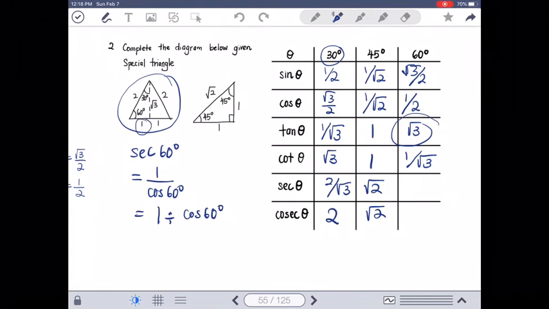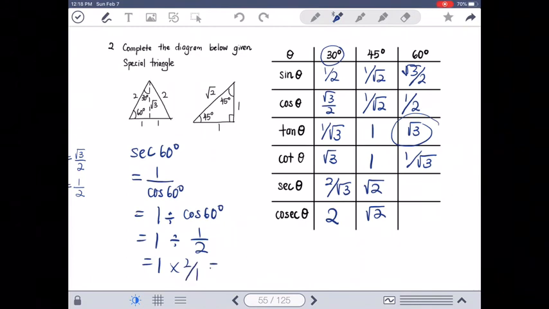Cos 60 degrees is adjacent over hypotenuse. So 1 divided by adjacent is 1 over hypotenuse is 2. So 1 times 2 over 1, which is just 2.